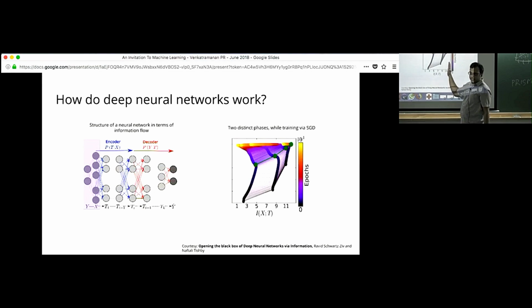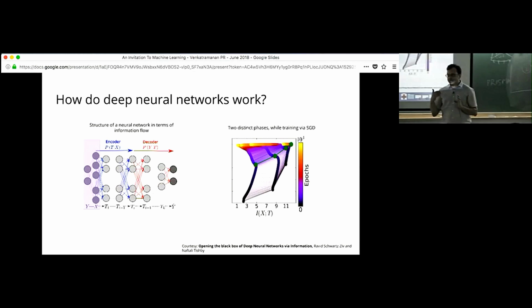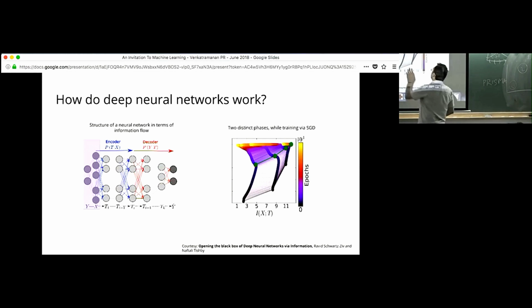At the same time, it's also learning about Y, the true output. That happens until here, which they call the learning phase.